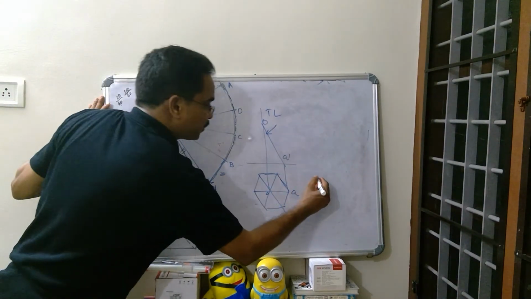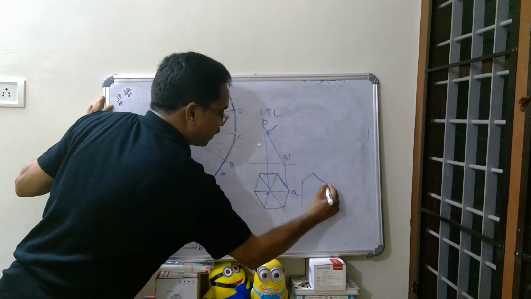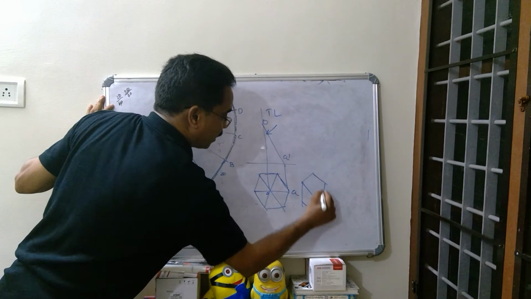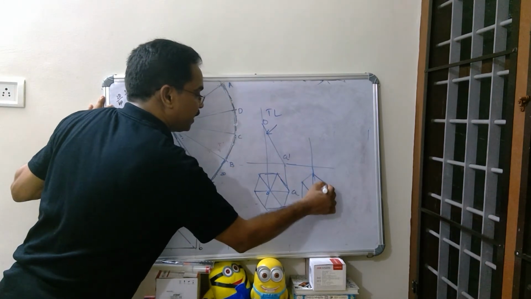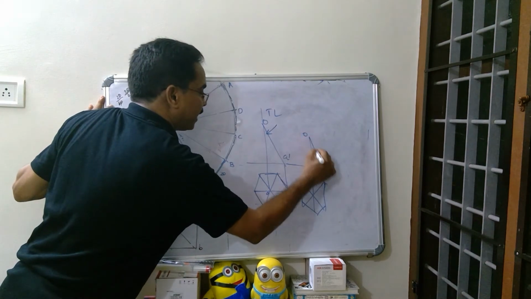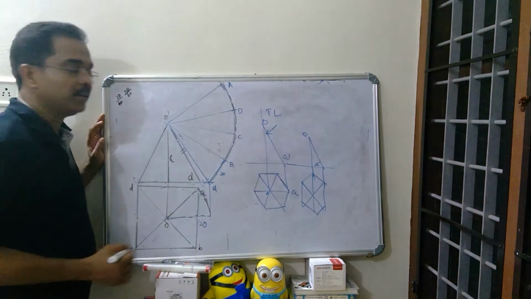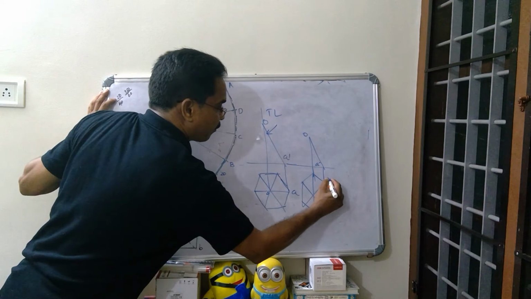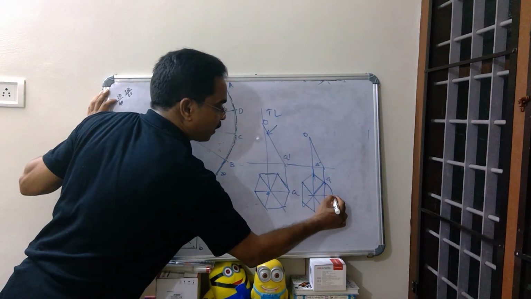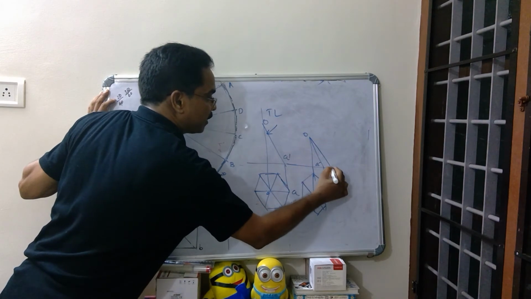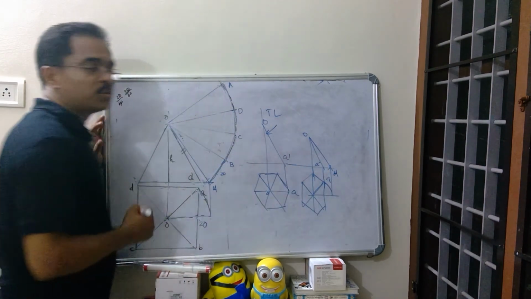Now I'm drawing the same hexagon like this. Now we can see that this O dash A dash is not equal to the true length. To find the true length, rotate this OA measurement, make it parallel, and project it. Then this becomes the true length.